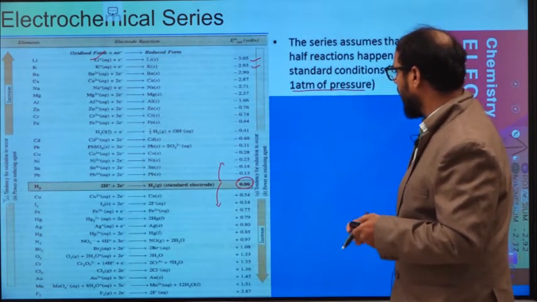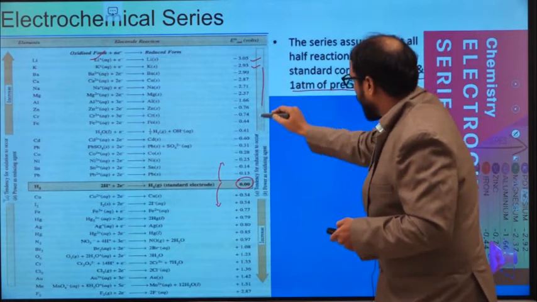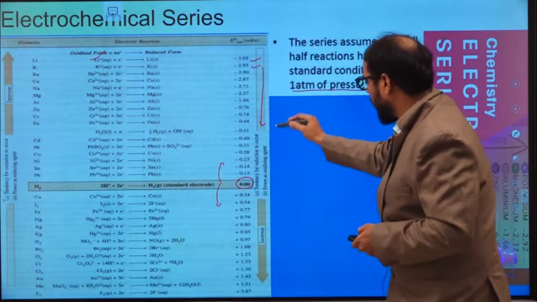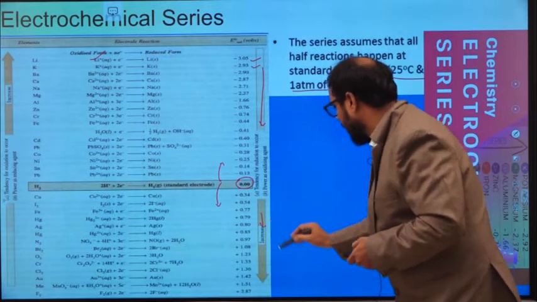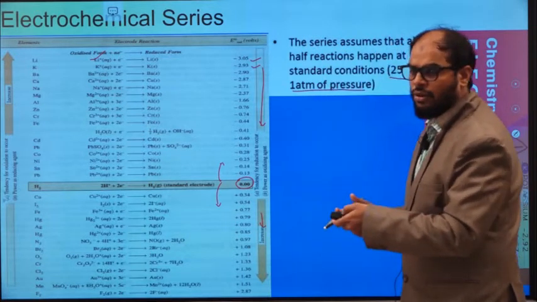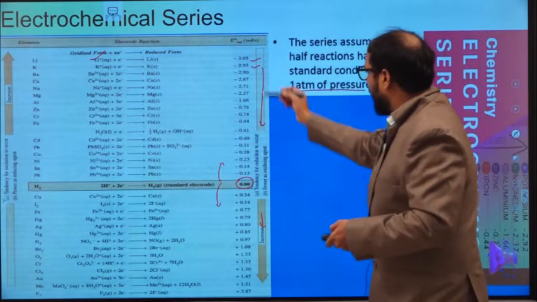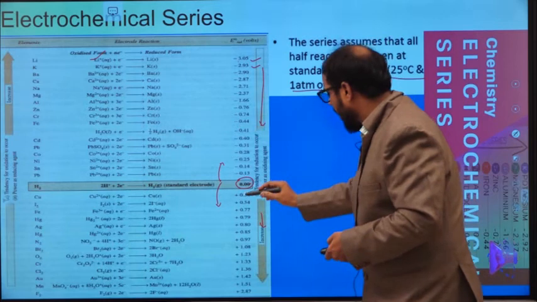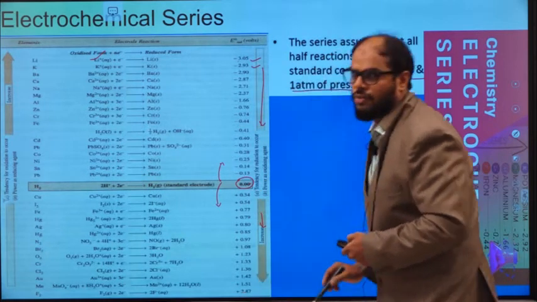So you can see here, when we go from the top to the bottom, the tendency to undergo reduction will increase. And how is that? It can be observed: we start from the most negative value and we reach 0, and again we start increasing to the positive values.